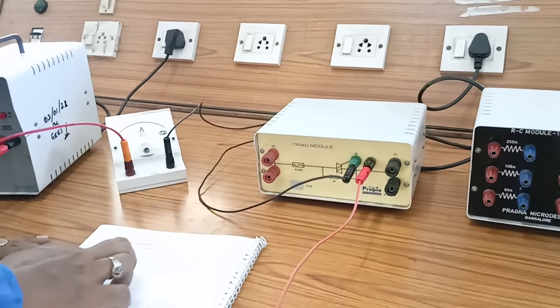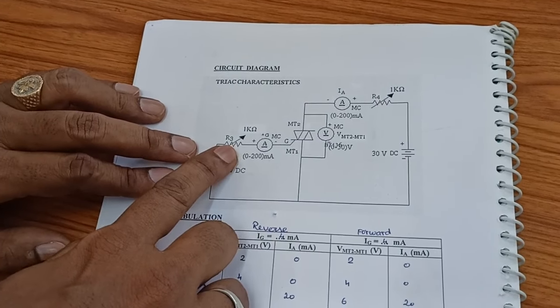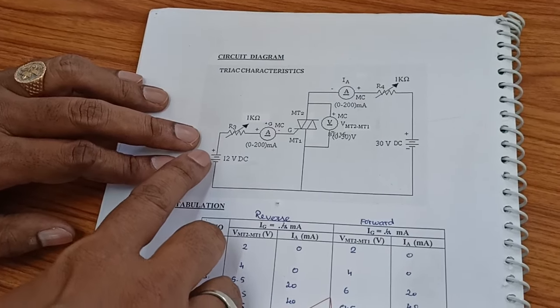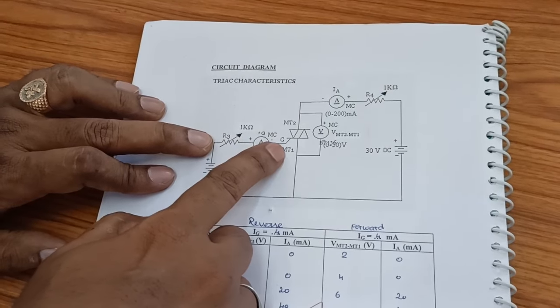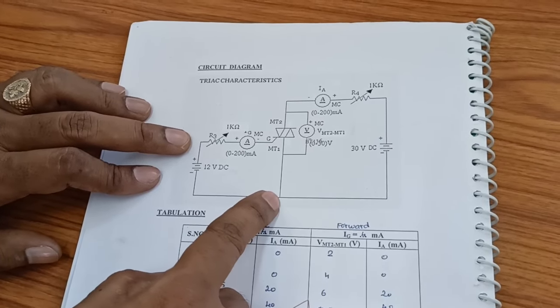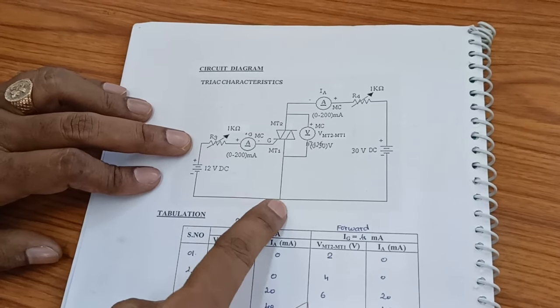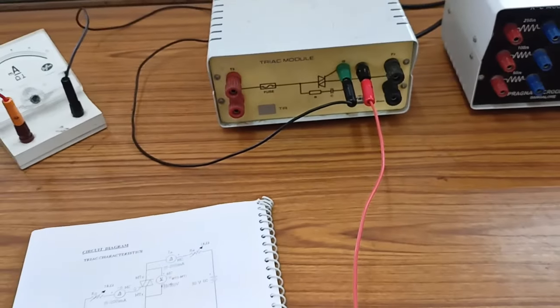So this portion is completed. This is the positive terminal, and here I have not connected any resistance. I connected this positive terminal to the ammeter, then the ammeter negative to the gate, and the other terminal of the firing unit is connected with MT1. So this portion is completed.